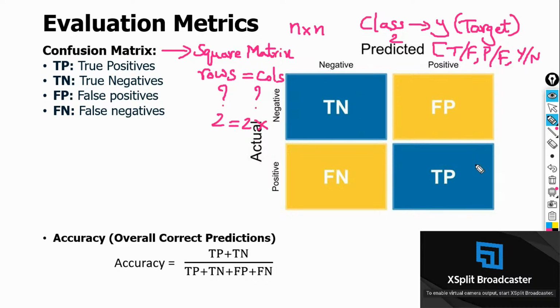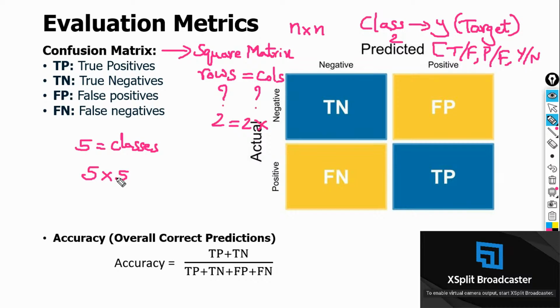Okay, I understood, Akhil. But what if I have five classes under my Y column? Then what will be the size of my confusion matrix? Simple, 5 by 5.